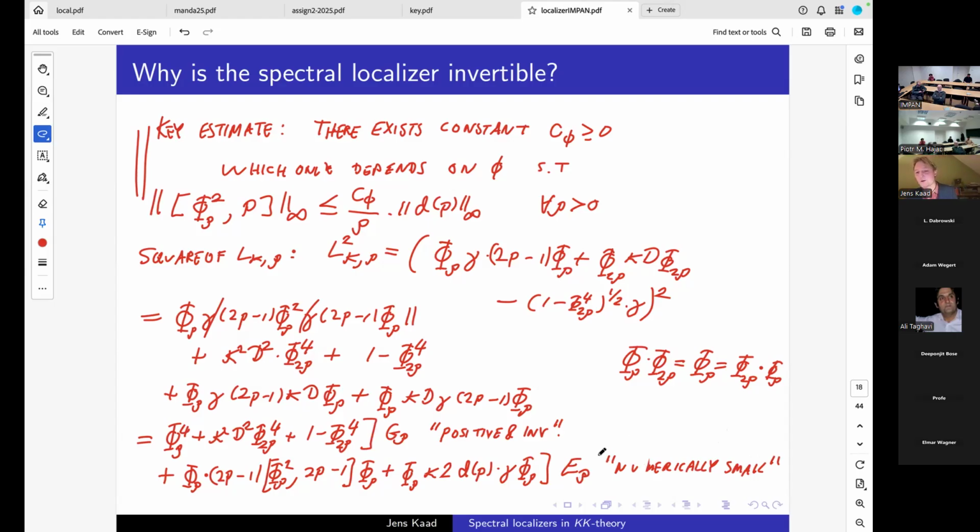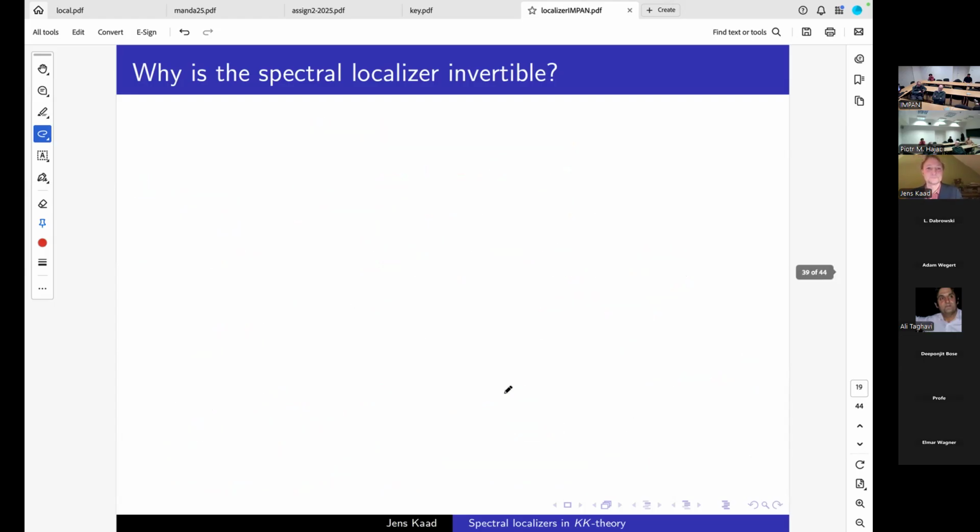Let's first talk about the error term being numerically small. So we look at E rho being numerically small. What do I mean by that? That's the sum of the two last terms here.